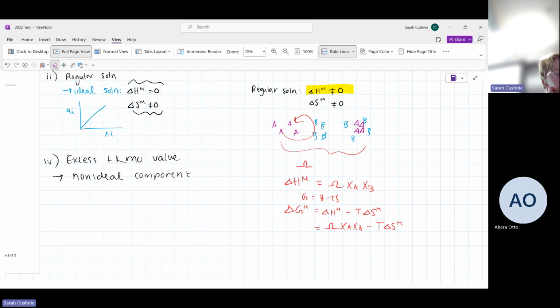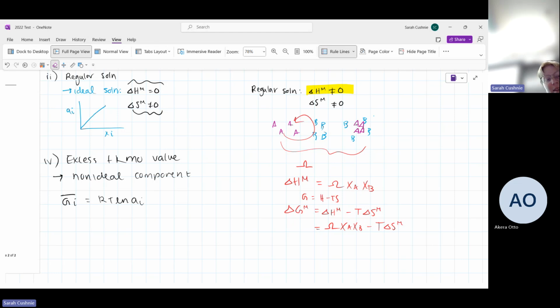It's just the way that we term this non-ideal component of any sort of solution. So we're going to go back to another definition for Gibbs free energy. We can go to the Gibbs free energy of a singular component. Gibbs energy of i, we define this as RT ln the activity of i. This is just one of the standard definitions for Gibbs free energy.